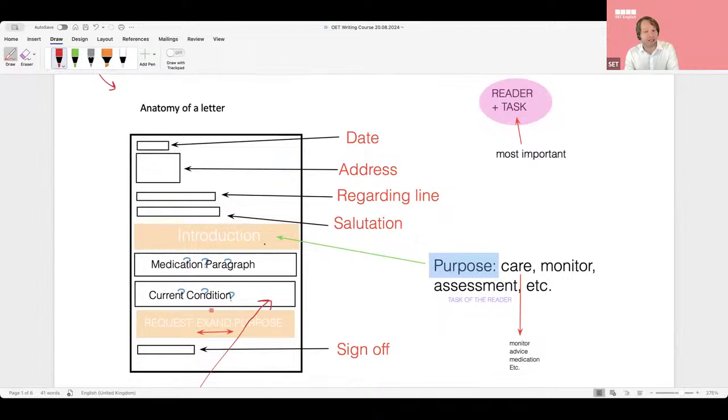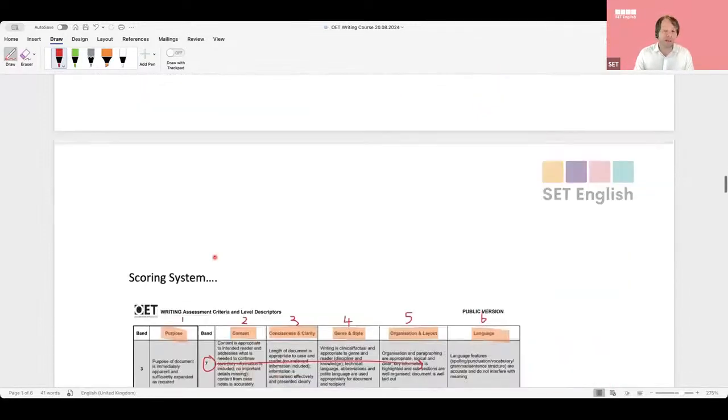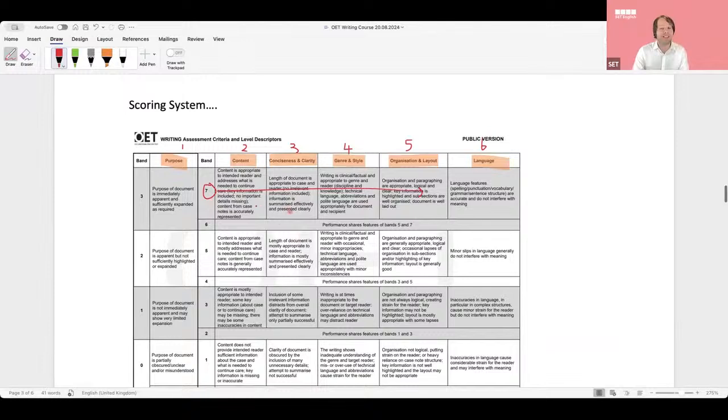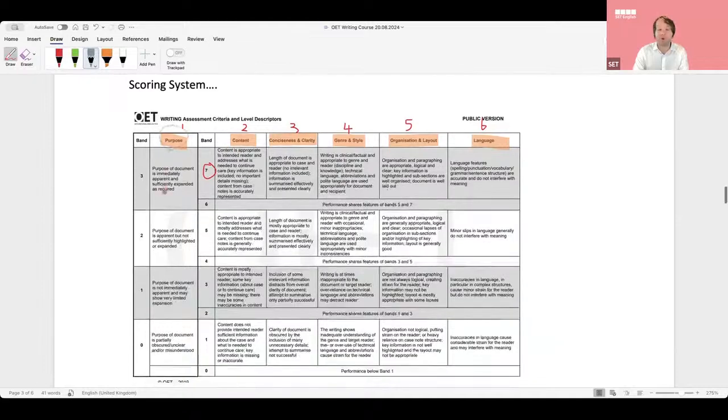You can score maximum 7 for this. Genre and style is the style of your writing. Again, maximum 7. Conciseness and clarity, maximum 7. Content, maximum 7. What about purpose? What's the maximum score for purpose?